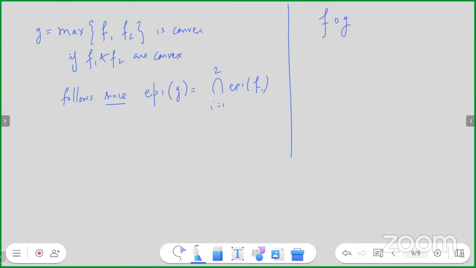Replace f with, let's say, e to the minus x. Then what happens? You get e to the power minus 1 by x. What kind of function is that? The advantage is that e to the x as well as e to the minus x are both convex. That is very rare.